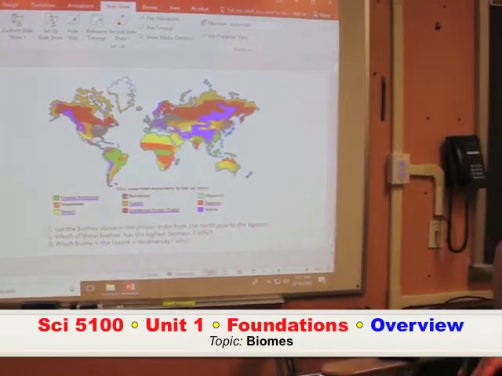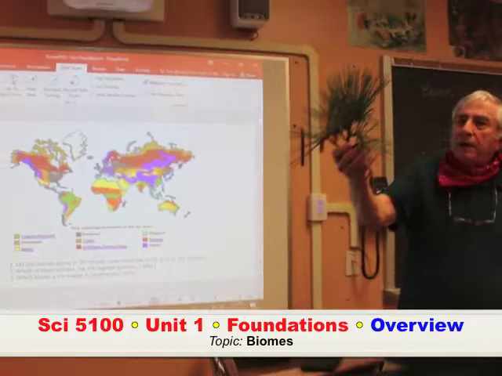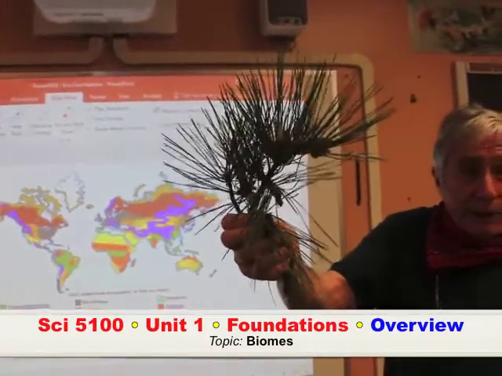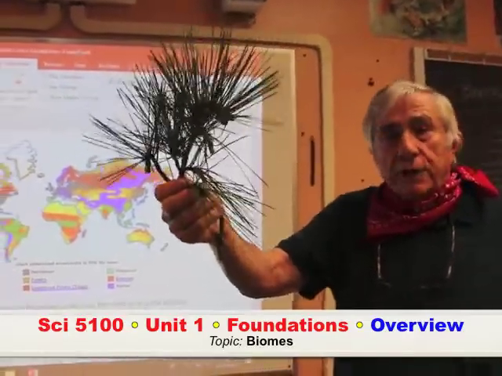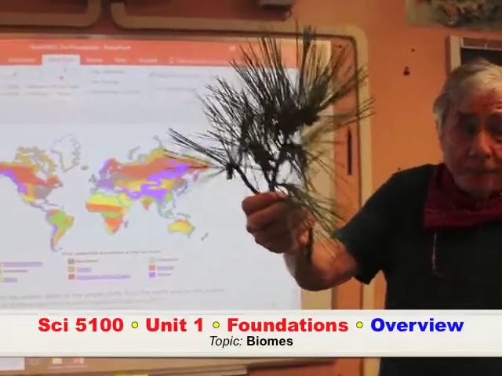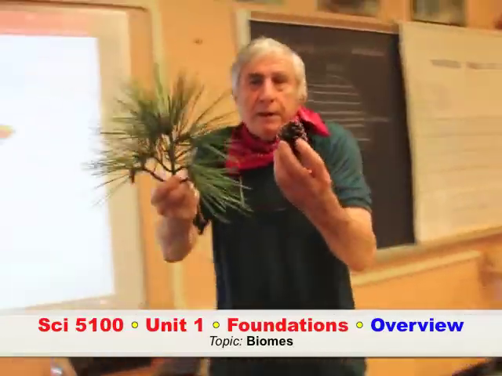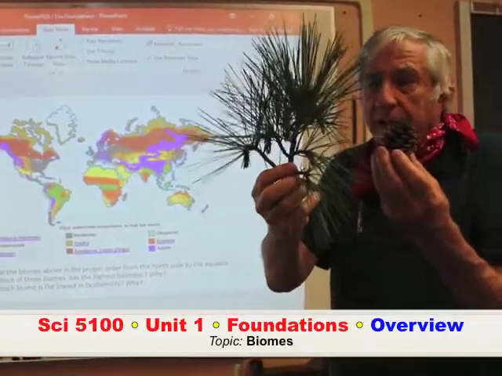As a matter of fact, we just happen to have here a specimen of pine needles that come from an evergreen tree. In fact, there's another word for the evergreen forest, or coniferous forest. Coniferous means cone-bearing, and the cone carries the seed from this particular plant.